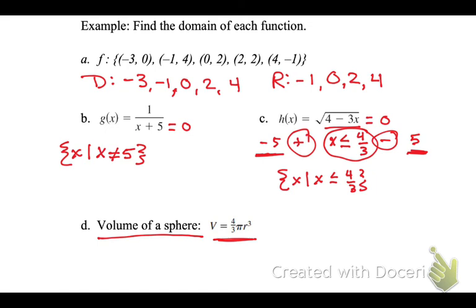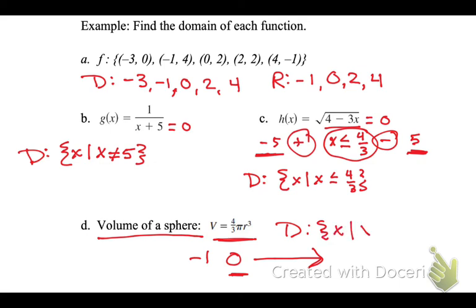So we don't want 0, and we don't want any negatives, so it has to be bigger than 0. Can it equal 0? No. So this one, we always should label D. Sorry, guys. So the domain is x such that x is greater than 0.